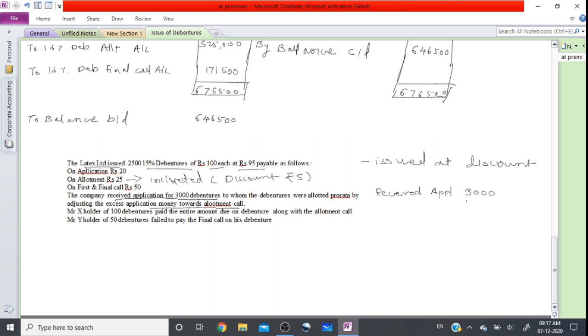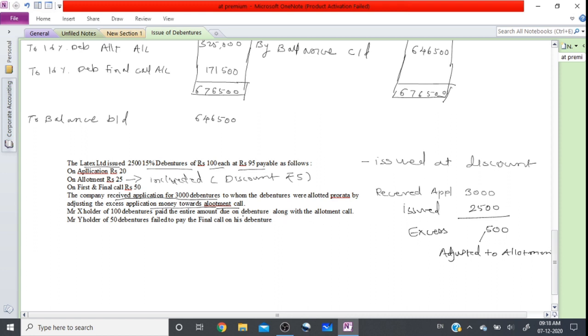So 3,000 and company issued 2,500 debentures. So excess application is 500, and this 500 is adjusted to allotment, right?